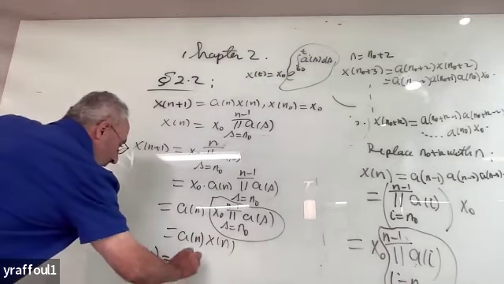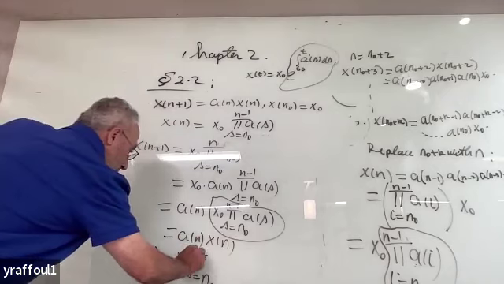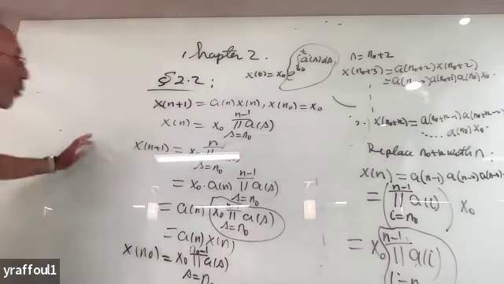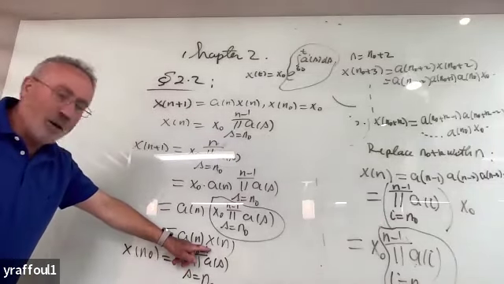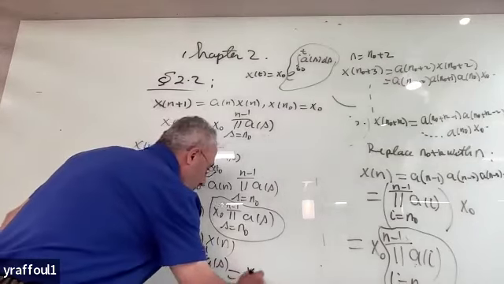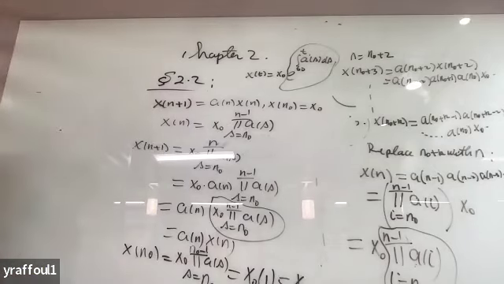What about x_n0? x_n0 equal x0, the product from s equal n0 to n0 minus 1 of as. What did we say? If the lower limit is bigger than the upper limit, what is the product equal to? You see why we have to agree on that?